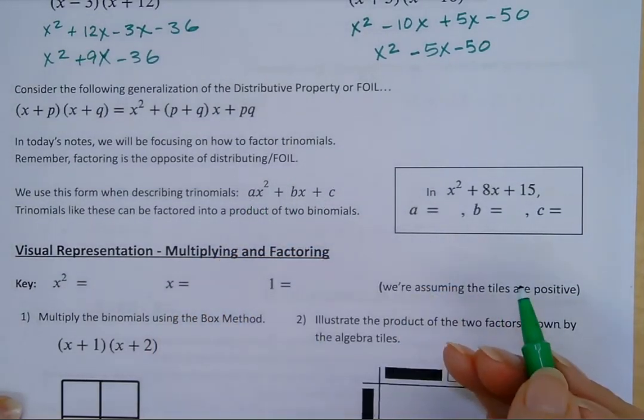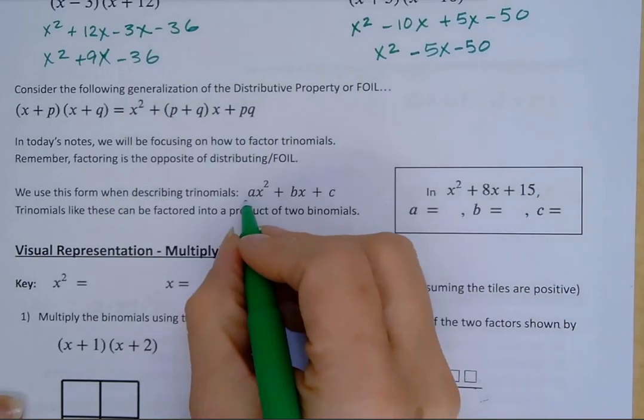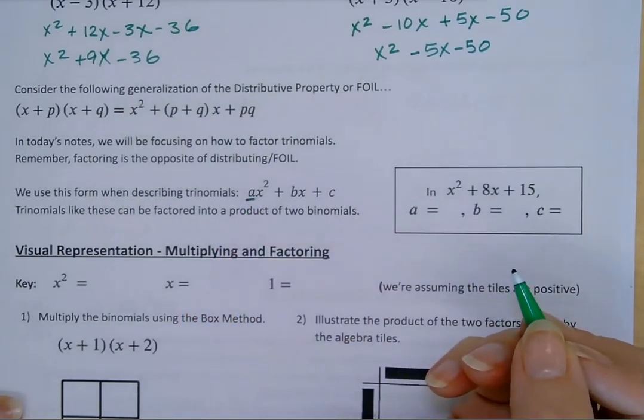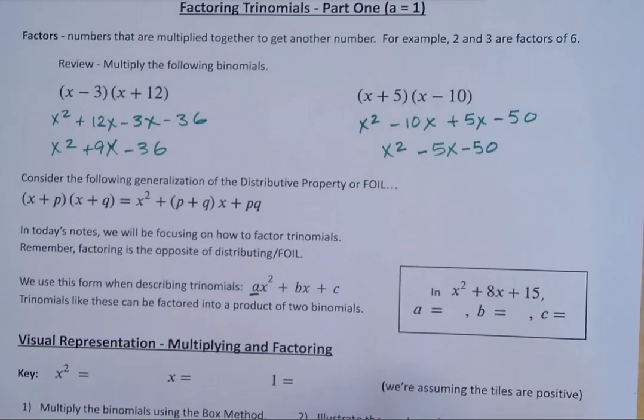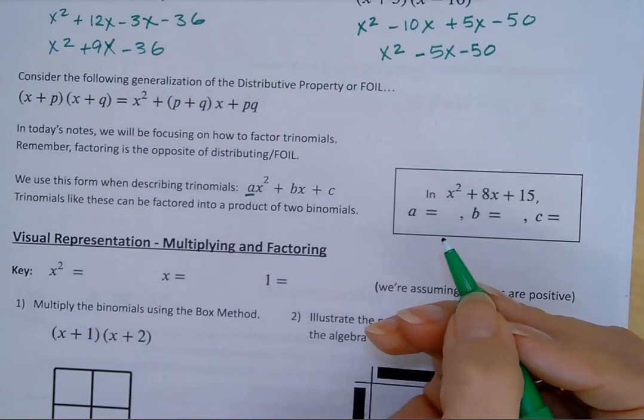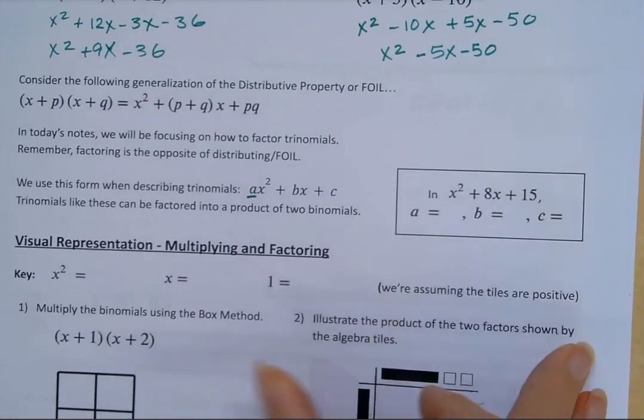All right. So in today's notes, we're going to be thinking about this form of a trinomial, ax squared plus bx plus c. That's our standard form. And if our a is 1, then that's what we're talking about today. A equals 1, okay? The leading coefficient is the coefficient before your x squared in these trinomials.